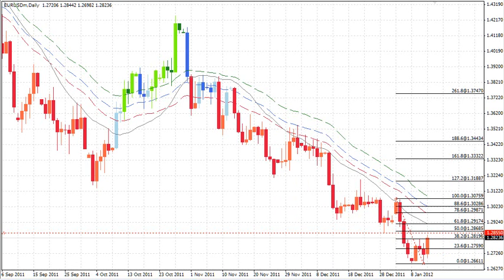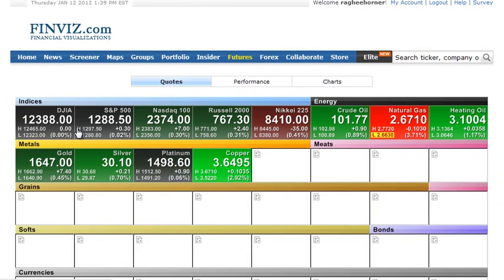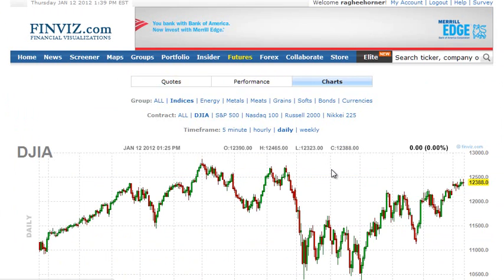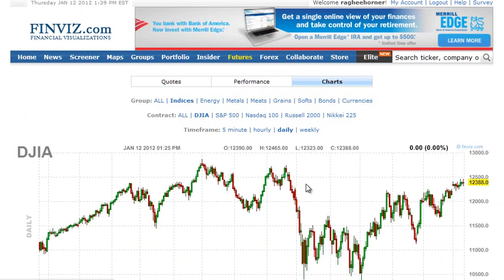And frankly, as long as the Dow can't find enough footing, while it is certainly up near the top of its rally, it's having a very difficult time getting beyond that 12.5 level and finding bullish momentum above it.